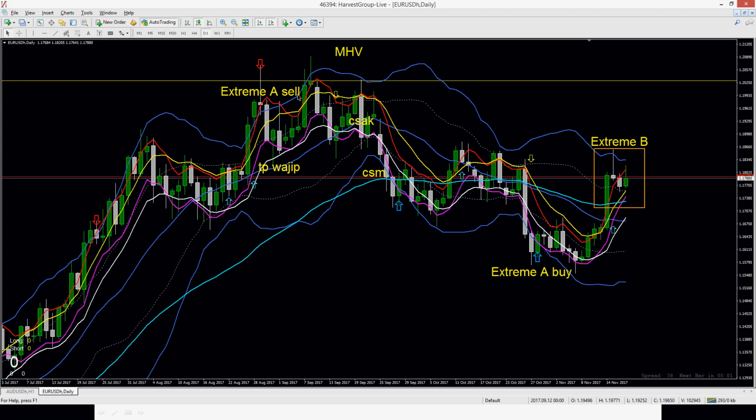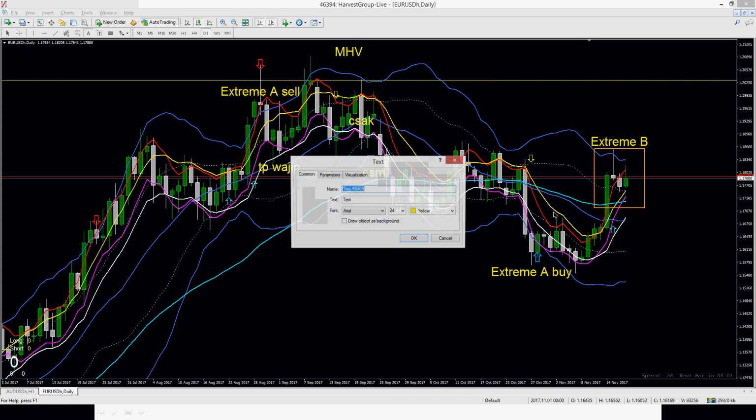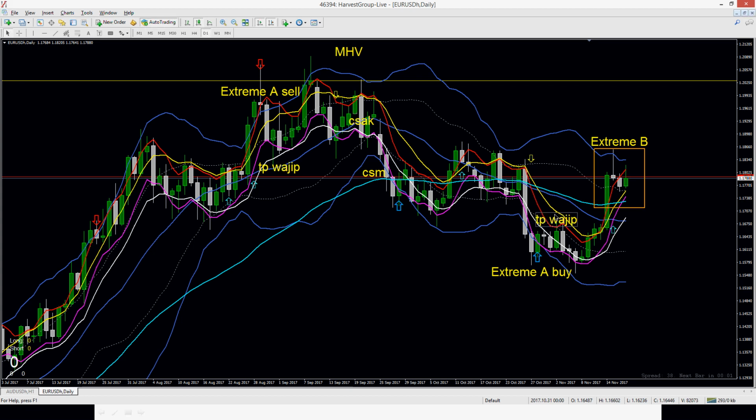Now you have another signal over here which is not confirmed yet. However, you have Extreme A buy, and then you have TP Wajib. From a sell point of view, you have candlestick momentum over here, and you have re-entry.